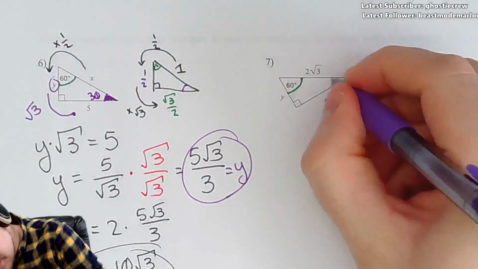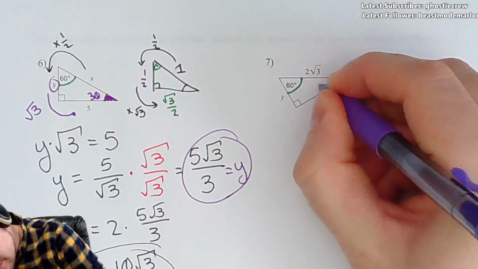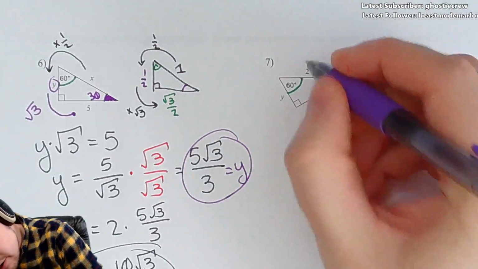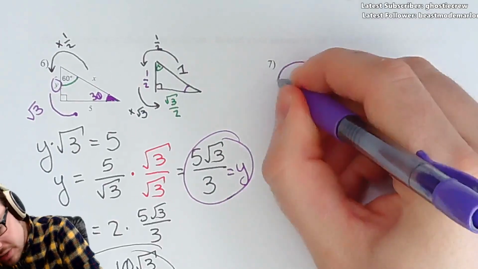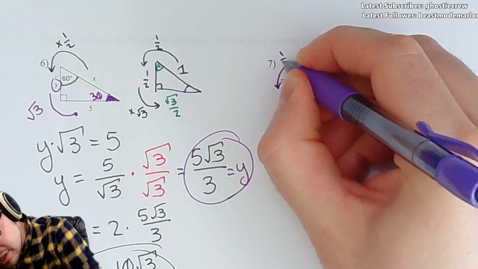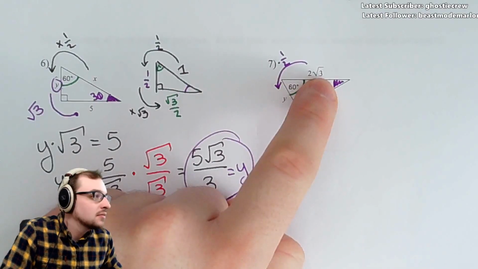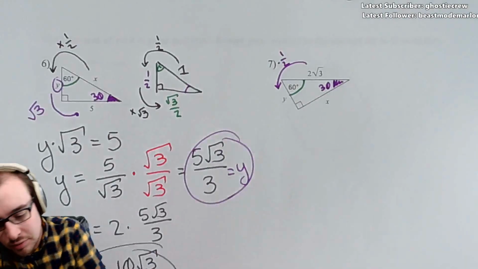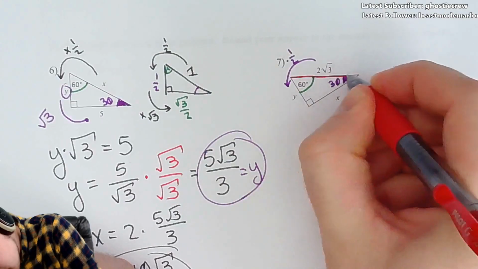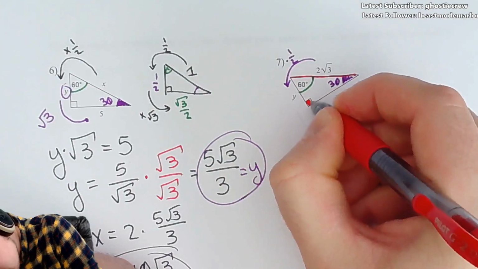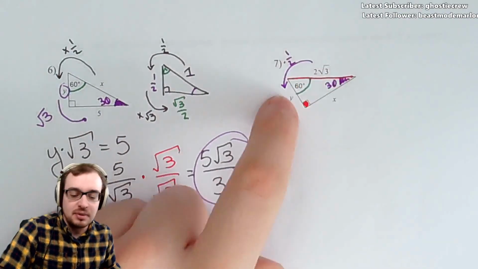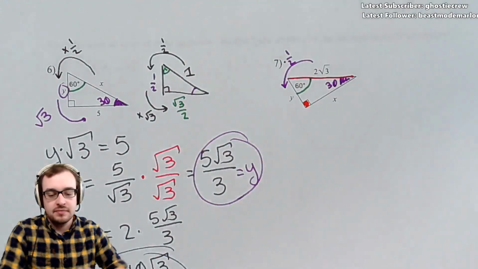So this is our 60 degree. This is our 30 degree. Remember, this is always half of this guy. Right? The hypotenuse is 2 root 3. There's our hypotenuse, across from the 90. And it's always twice as big as whatever this side is, right?